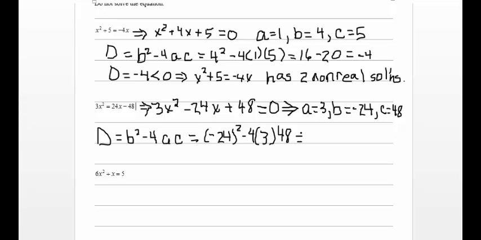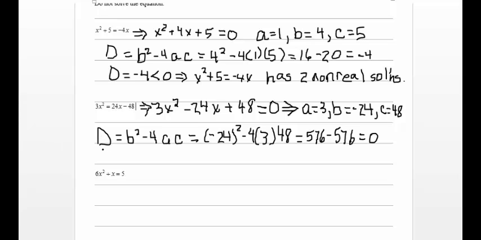And using our calculator to find this value, we find that this is 576 minus 576, which is 0.